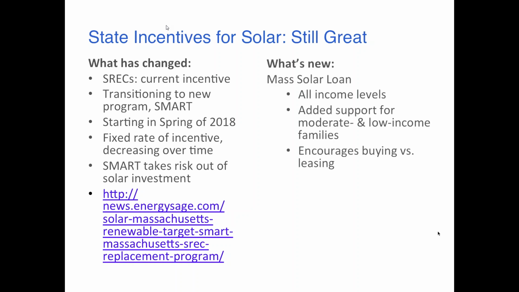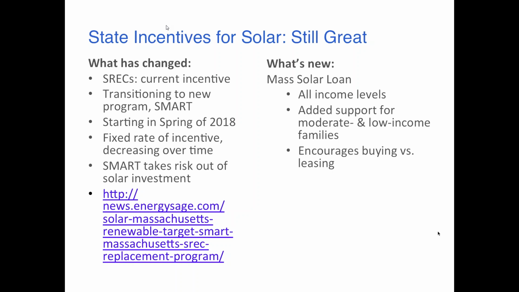So the Mass Solar Loan is a wonderful program that's been around now a couple of years, but it's a really great program that Massachusetts uses to make solar more affordable for a broader range of income groups. It's for all income levels.